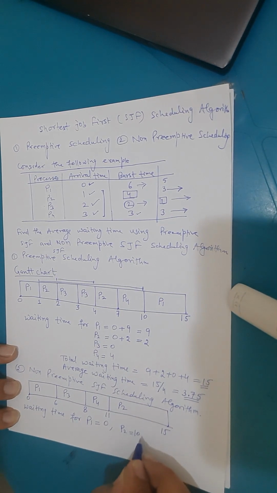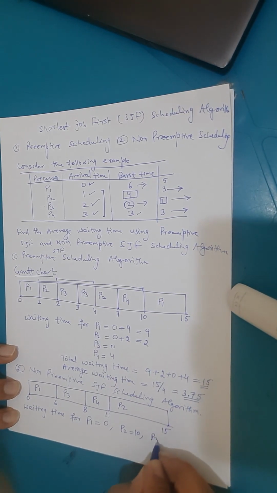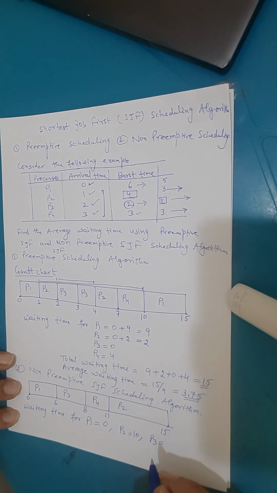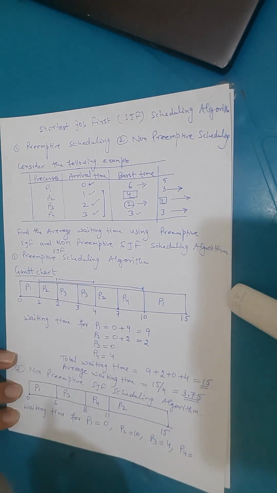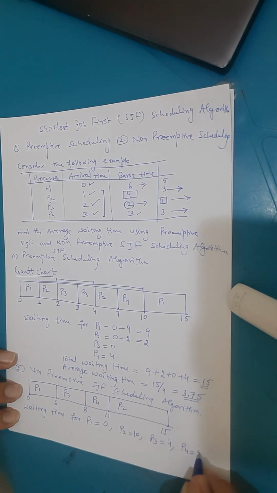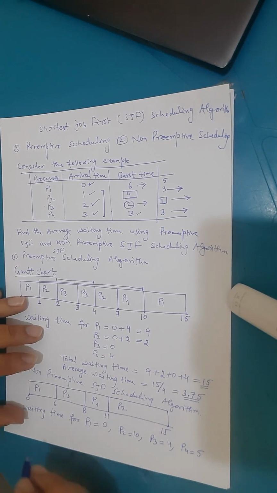So 10 is the waiting time for P2. And what is the waiting time for P3? P3 enters into the system at 2 and starts the execution at 6. So 4 is the waiting time for P3. And P4 enters into the system at 3 and starts the execution at 8. So 5 is the waiting time for P4.